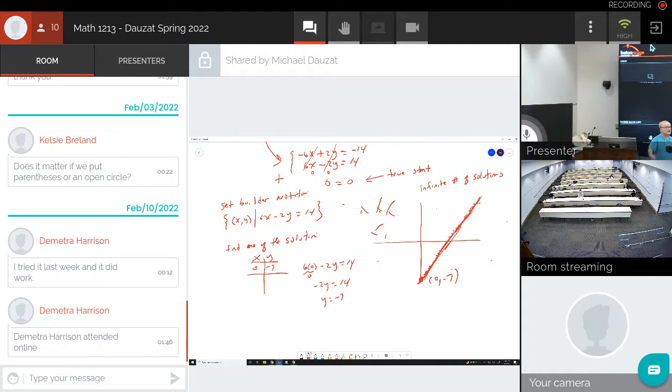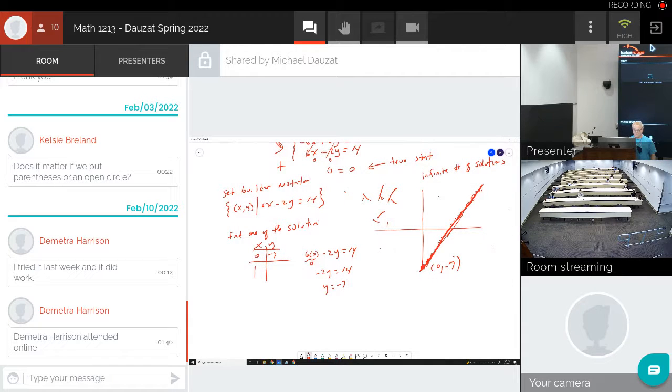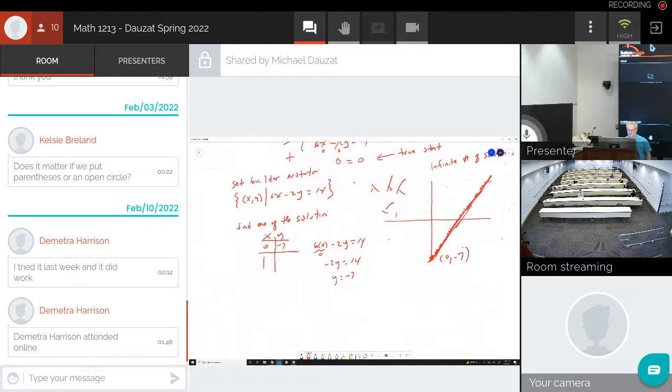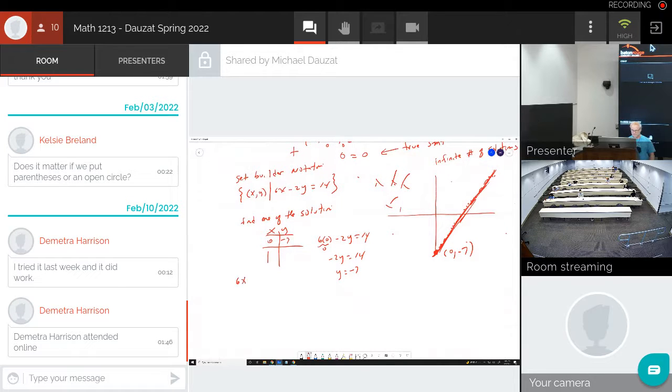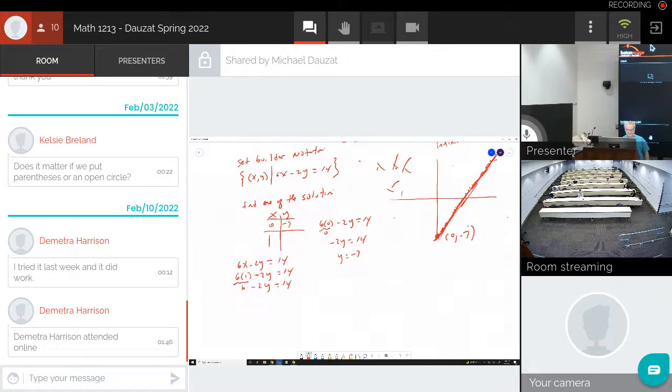What if I ask you to find another one? Give me another value for x. 1. If x is 1, go back to your equation. 6x minus 2y equal 14. 6 times 1 minus 2y equal 14. 6 times 1 is 6. So 6 minus 2y equal 14. What's the next step? Subtract 6.